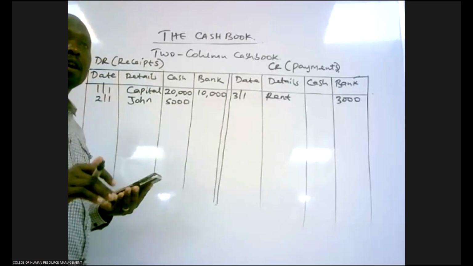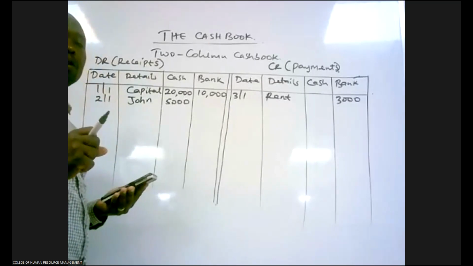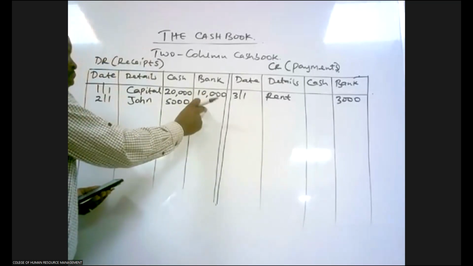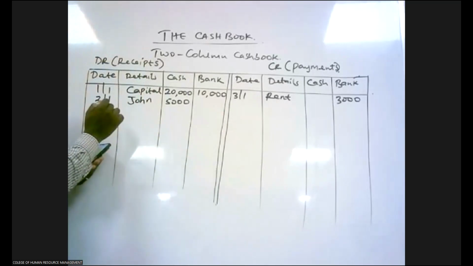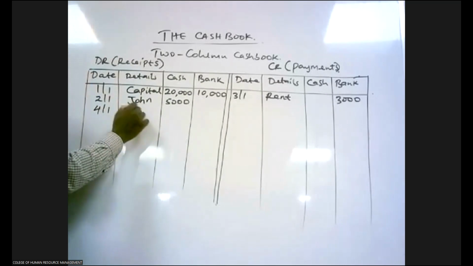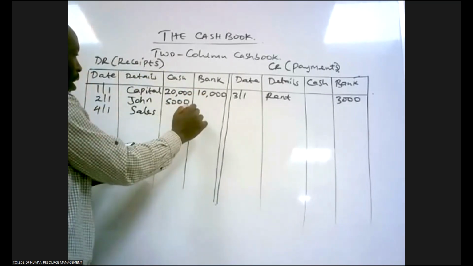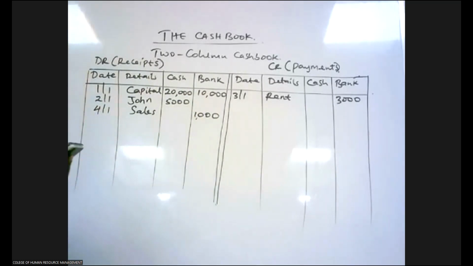It was actually the cash sales, then the moment that money was received, it was transferred direct to the bank. So it is going to be recorded as a receipt in the bank. On 4th of January, that money is coming from sales, but was directly deposited to the bank. Put it as a bank receipt like that.